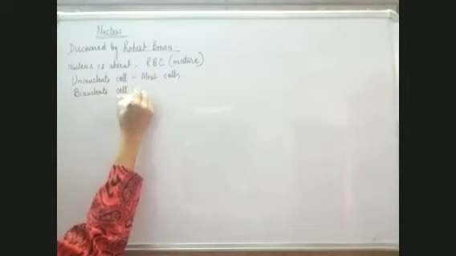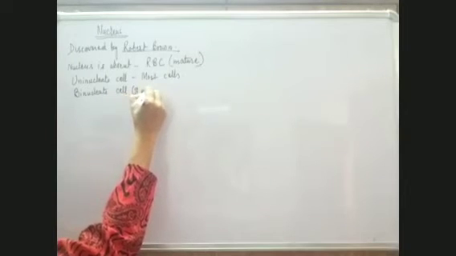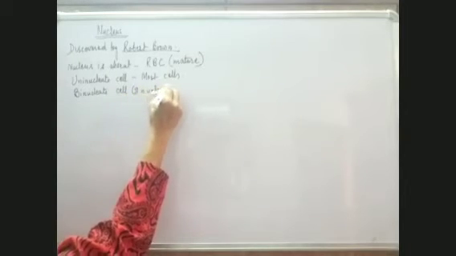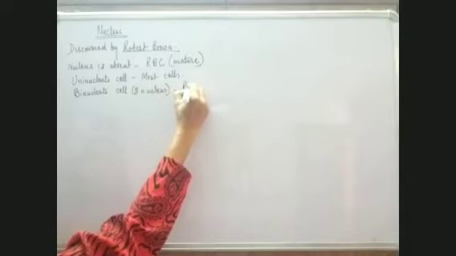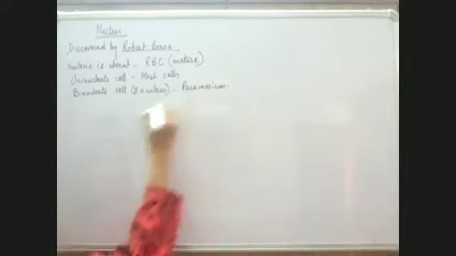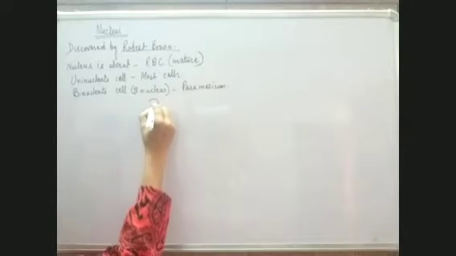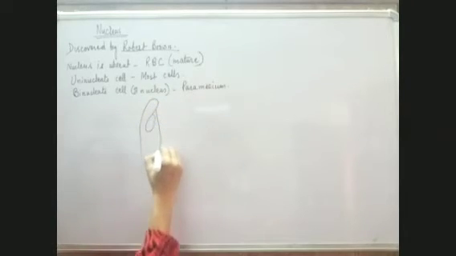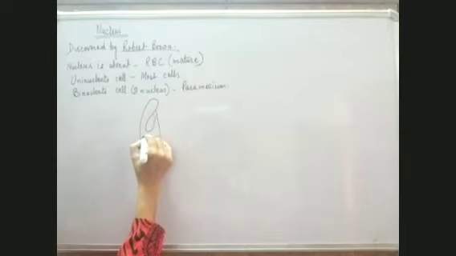Then when we talk about a binucleate cell, it means a cell where two nuclei are present, as in paramecium. If you remember paramecium, how did it look? It was like this, and we had two nuclei here. One was a big kidney-shaped nucleus and one was small.